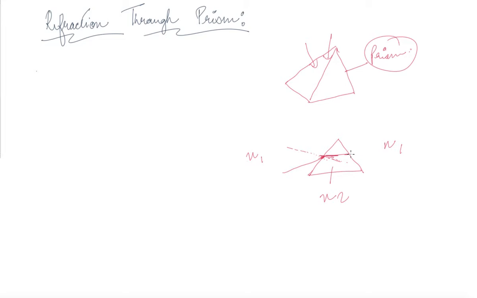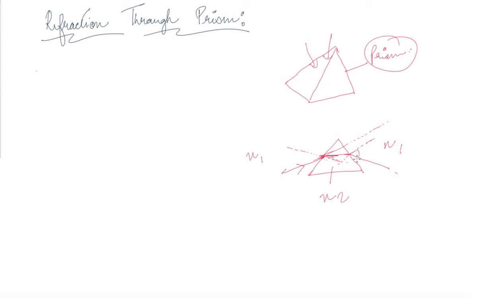Now if you take this as a normal, this again will undergo further refraction and it will come somewhere over here. So now if you try to imagine the ray of light, this light was traveling here and it was supposed to be going this side. But instead it went this side.